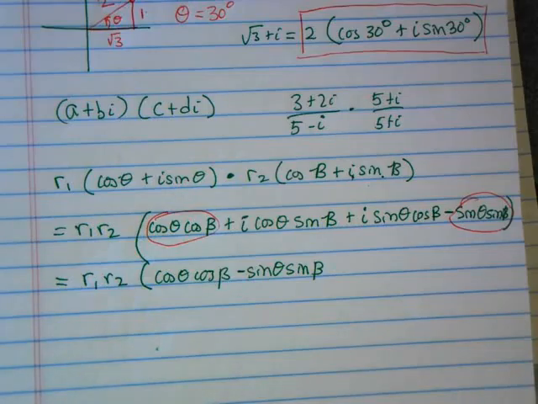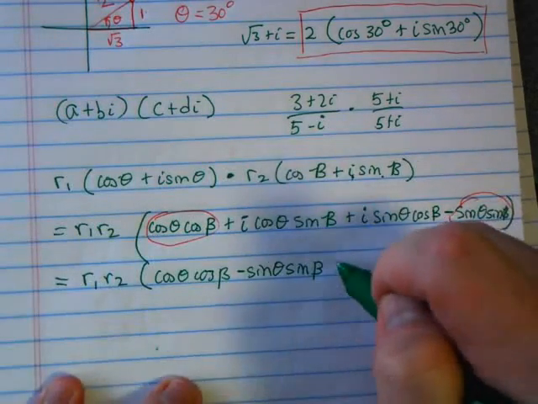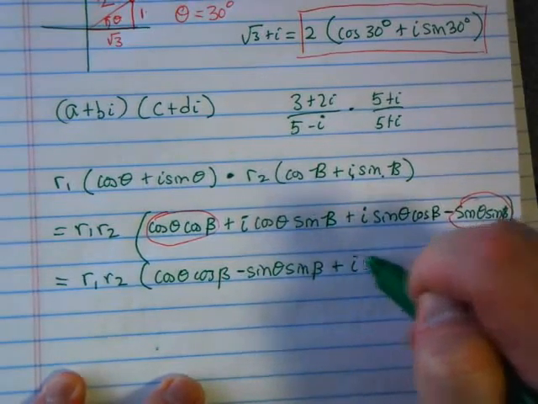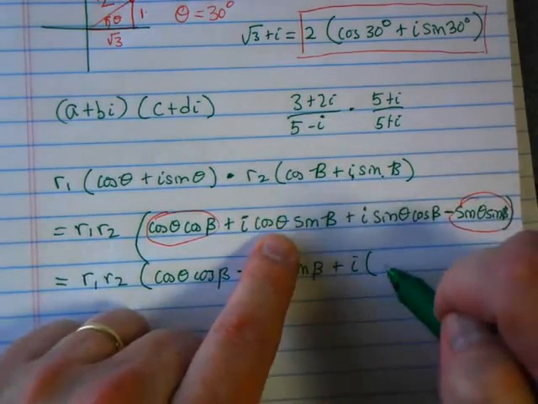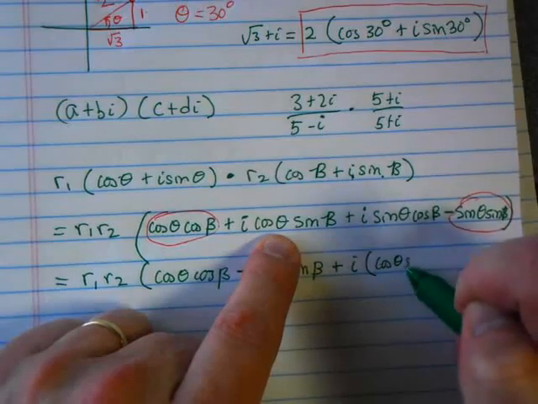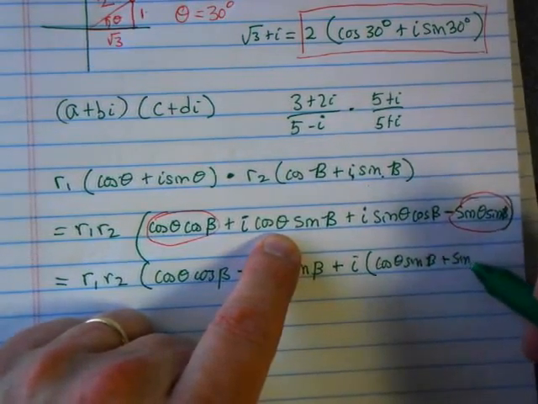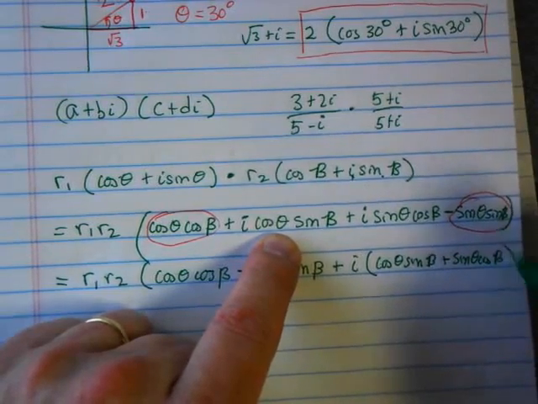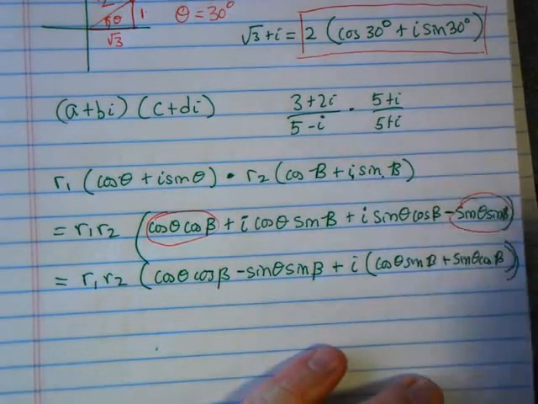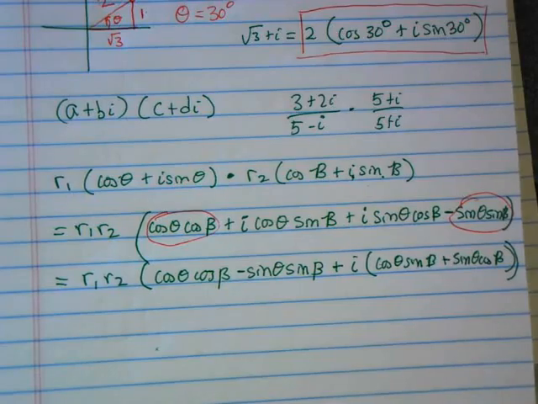I'm going to factor the i out. So I'm going to write this as plus i times cosine theta sine beta plus sine theta cosine beta. Still looks gruesome. But here's where it gets really, really good.